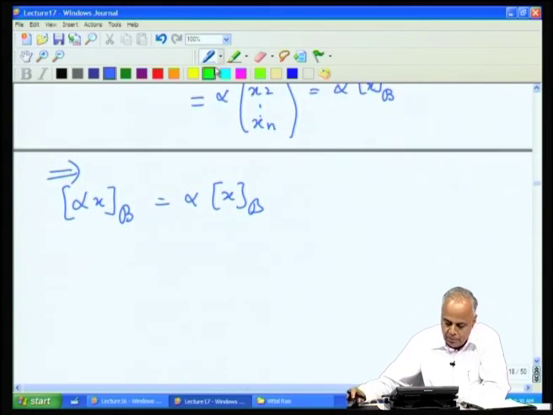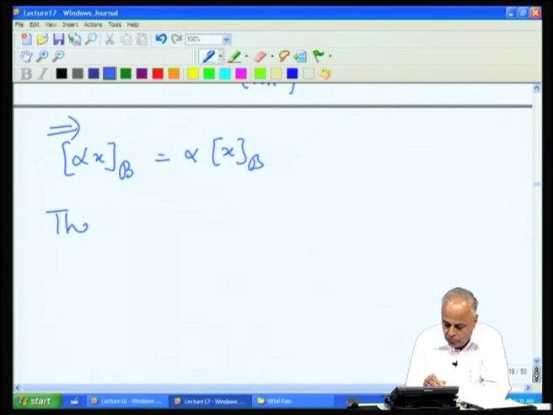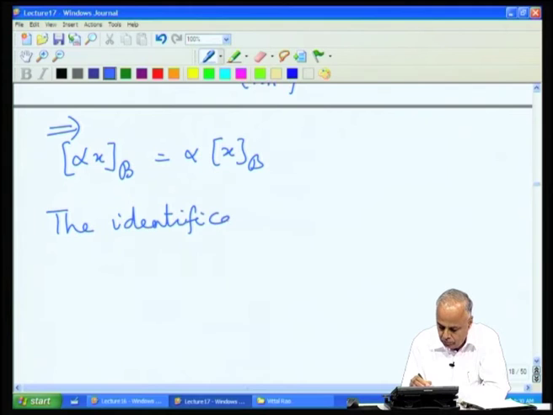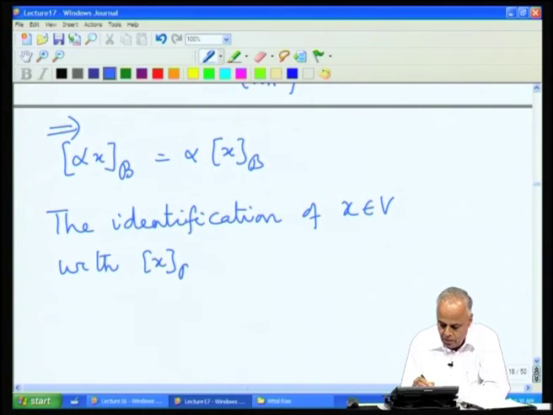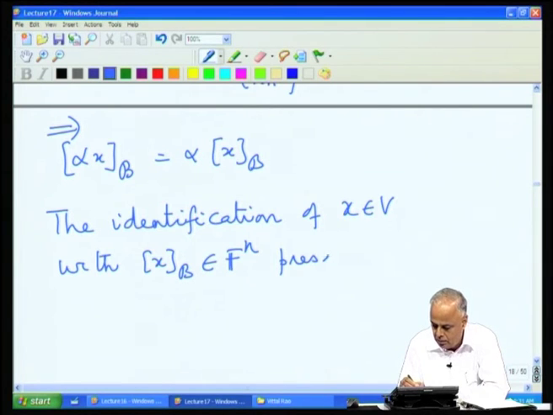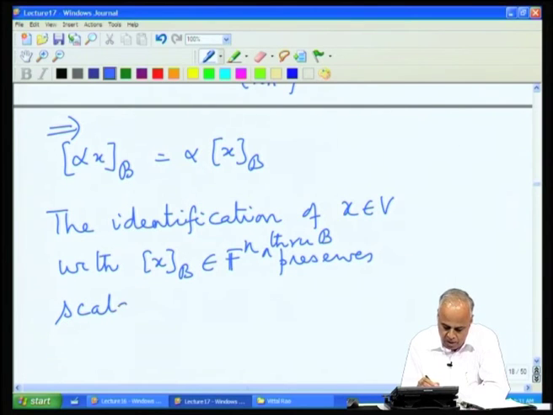So, that means the identification of x in V with xb in Fn, of course through the basis B, preserves scalar multiplication.